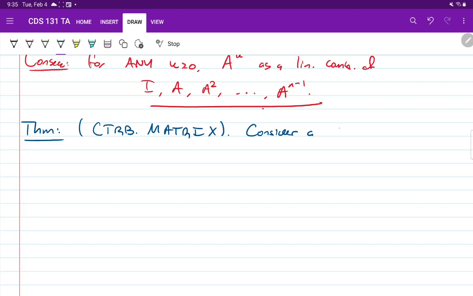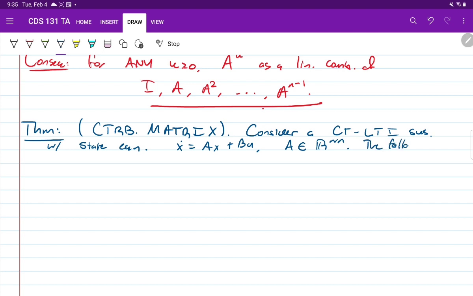So let's consider a continuous time LTI system with state equation x dot equals Ax plus Bu, where A belongs to R n by n. Then the following are equivalent.